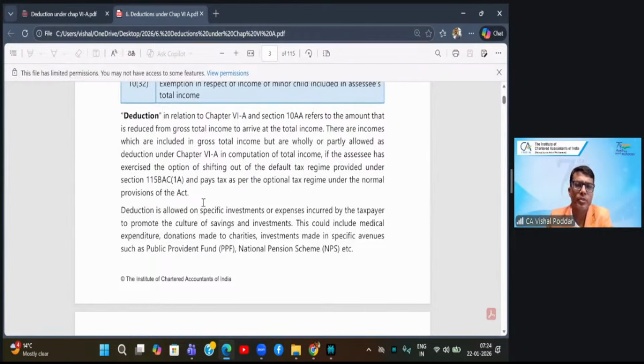Some deductions are again automatic, like where you are already doing a particular business, for that business there is a deduction. But again, for getting that deduction, there are some specific conditions to be satisfied. Now, deduction is different from exemption because in case of exemption, the source of income itself is not taxable. It has been made exempt. In case of deduction, for getting the benefit, you have to expressly do something, like deposit money.